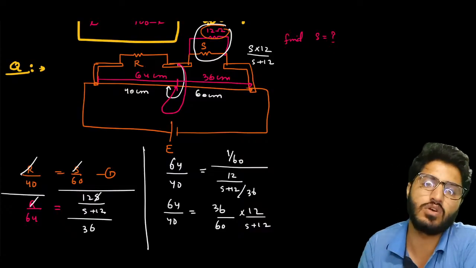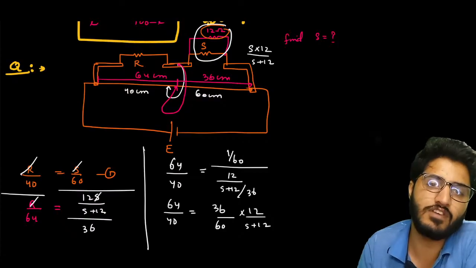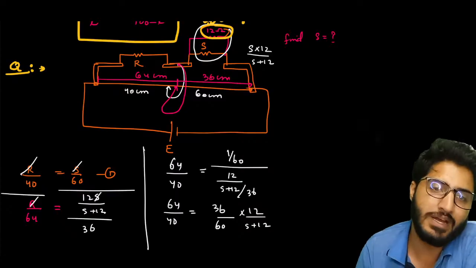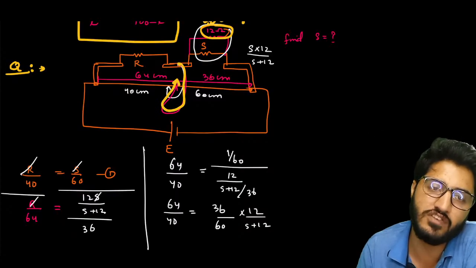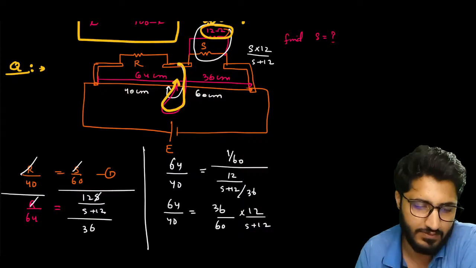It is given: when we place the 12 ohm resistor here, my null point gets changed to 64. It is given in the question.